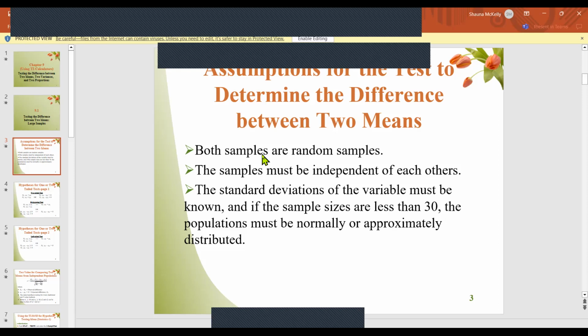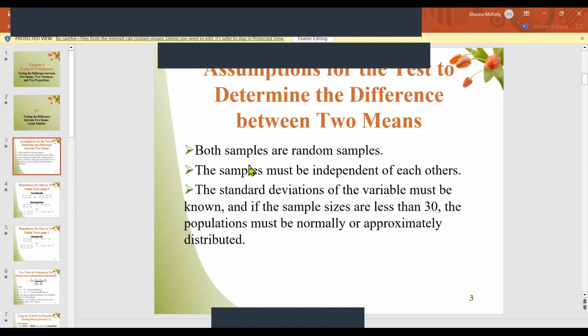We normally would have a z-test for 2 samples and a t-test for 2 samples, but we don't have time to cover it, so we're only covering the z's for 2 samples. You'll see when we get to the problems in the next question.